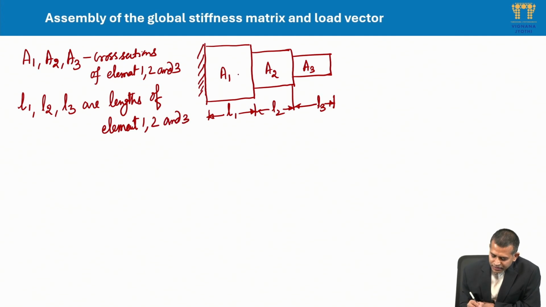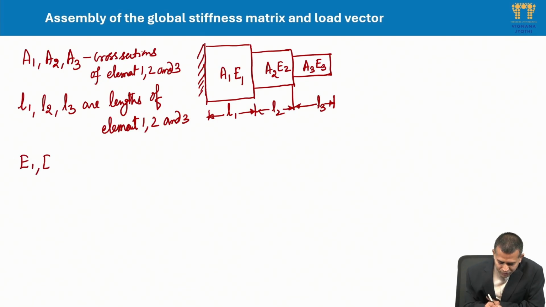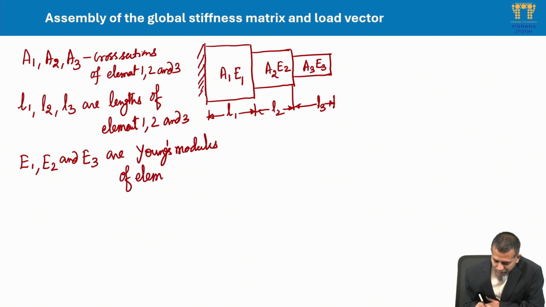And let us take the material properties for each step to be different. Young's modulus for the first step is E1, for the second step is E2, and for the third step is E3. So E1, E2 and E3 are the Young's modulus of elements 1, 2 and 3.